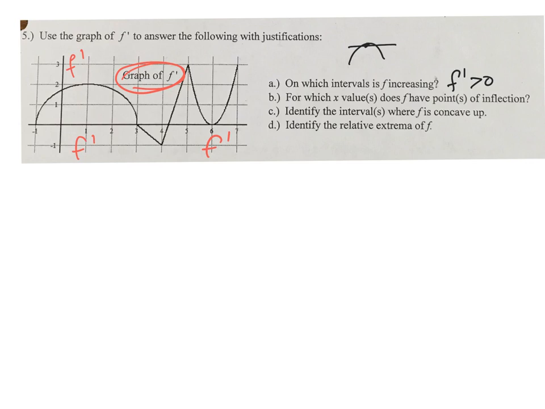So for letter A, let's write our justification like this. Let's say that f is increasing wherever f prime is above the x-axis. So that would be from -1 to 3, and also it's above the x-axis from, right here, we pick it up somewhere between 4 and 5. We could do the algebra and figure it out.